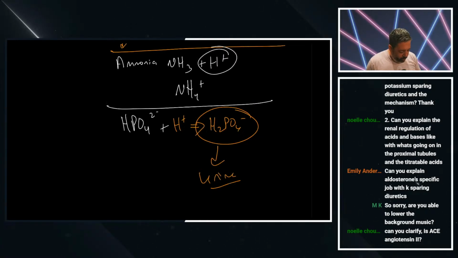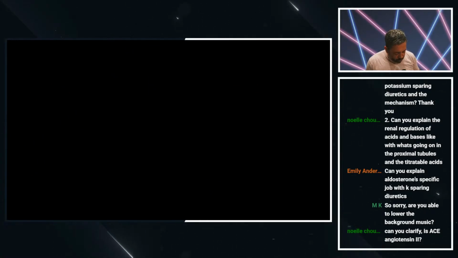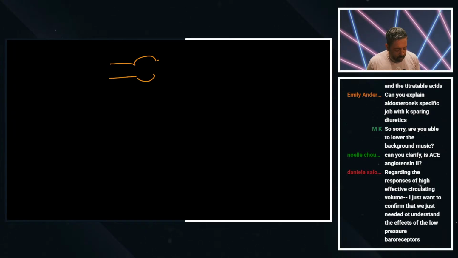One thing I will review is the effects of constriction and dilation on the afferent and efferent arterioles. So there's our afferent. Here's the efferent.